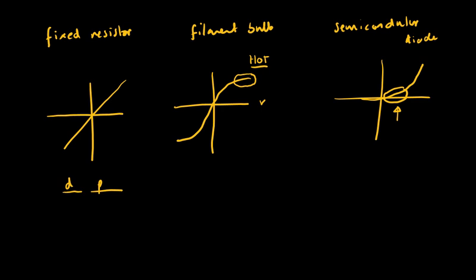Okay, and let's also pause the video and see if you can remember what the equation triangle is to calculate current. So it is current I, voltage divided by resistance.